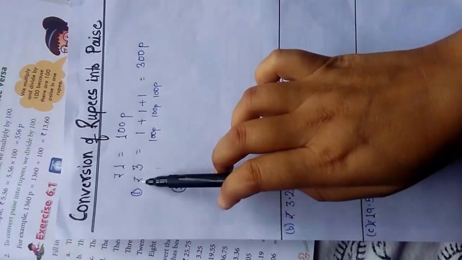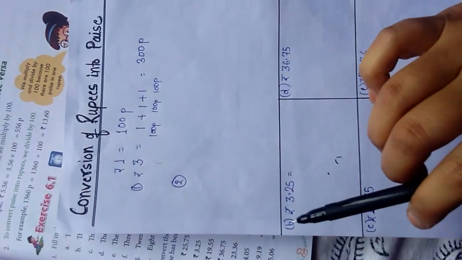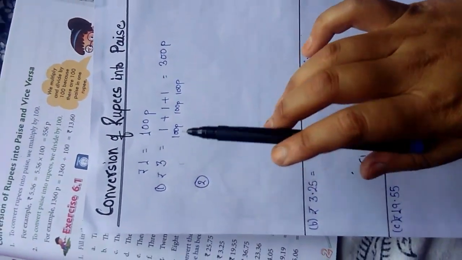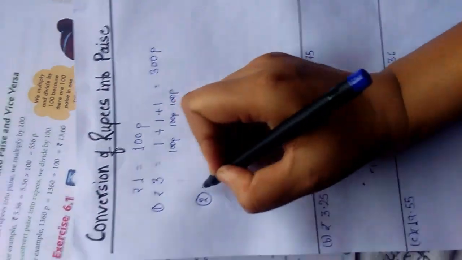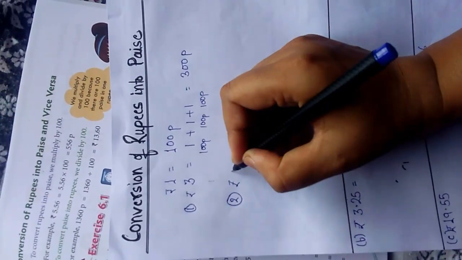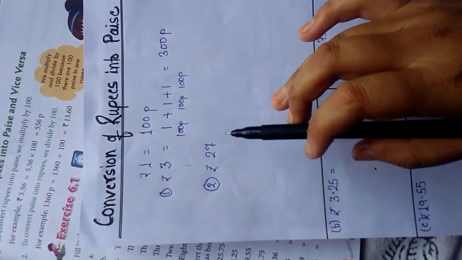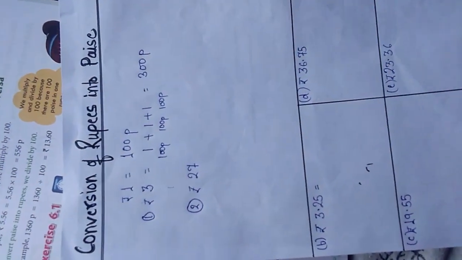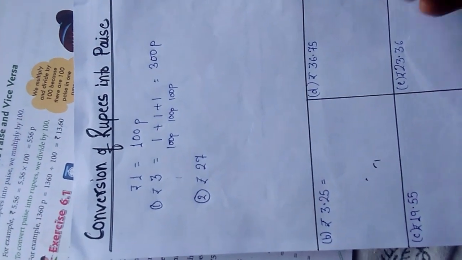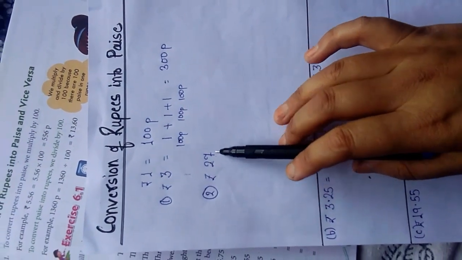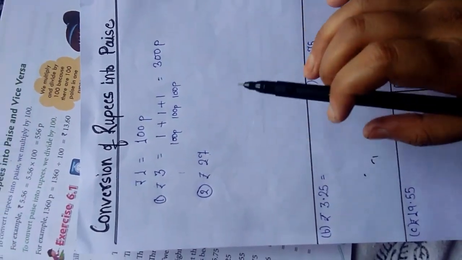But dear students, here is a small unit, but if we have a greater unit, suppose here is 27 rupees, and we are asked how many paise there will be. We can't add 100 paise 27 times.